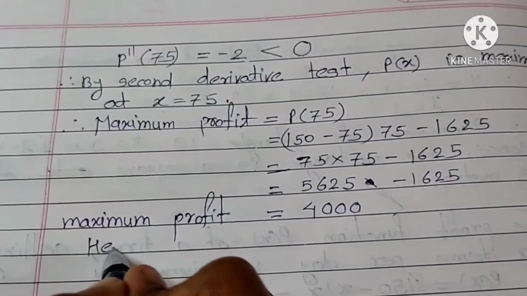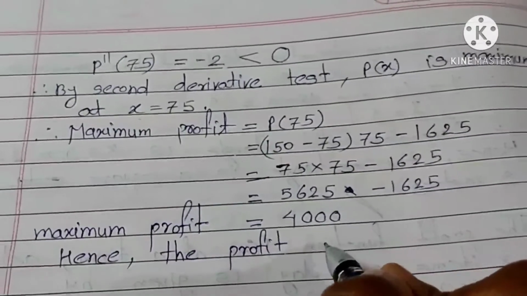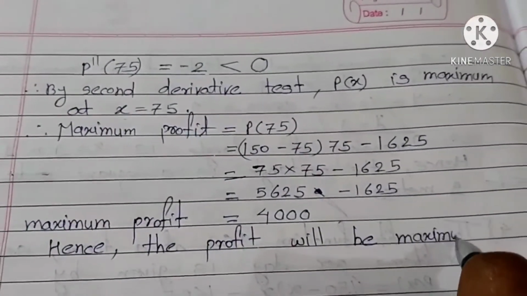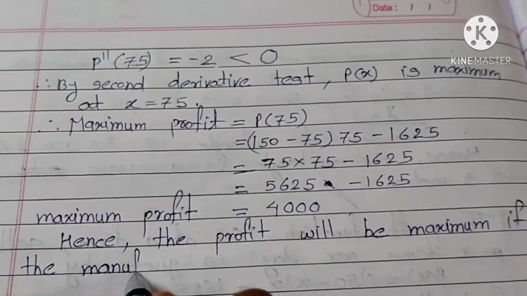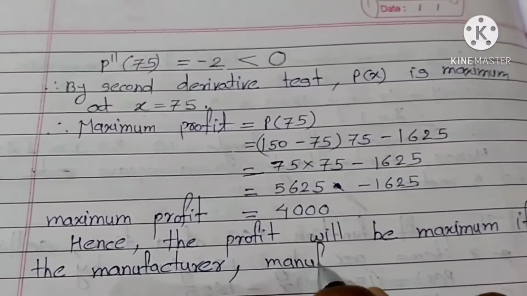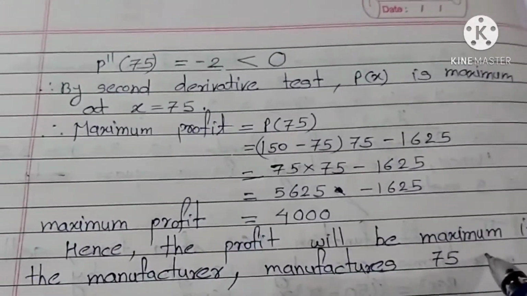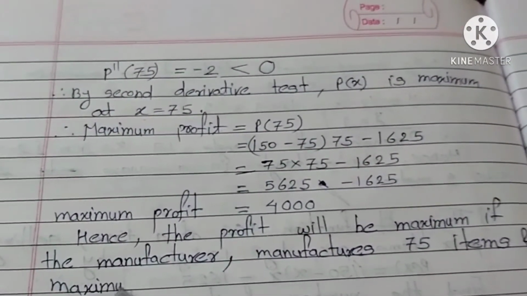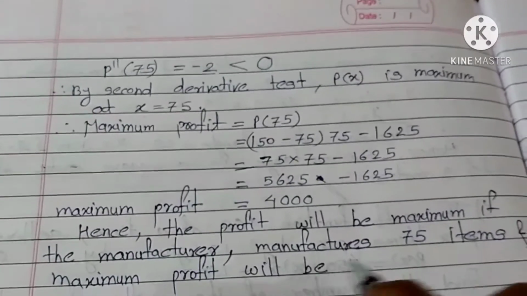Hence, the profit will be maximum if the manufacturer makes 75 items, and the maximum profit will be 4000.